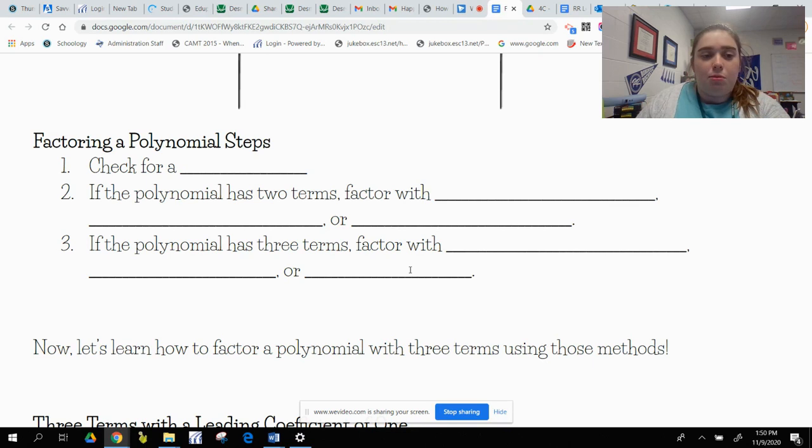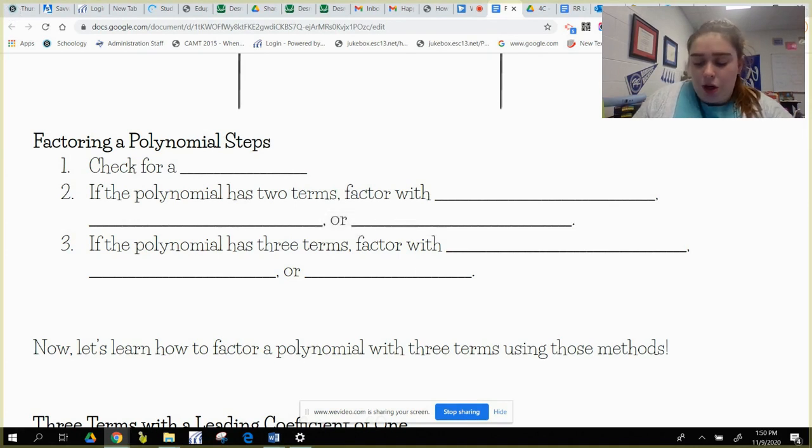The number one thing that we're always going to do, no matter how many terms it has, is check for a greatest common factor. For greatest common factor, I'm just going to write GCF. You can do that too, because we'll know what you're talking about, since greatest common factor is a really long thing to write.